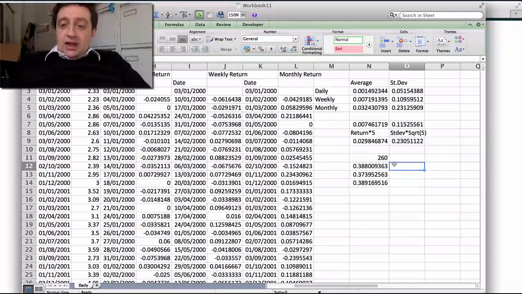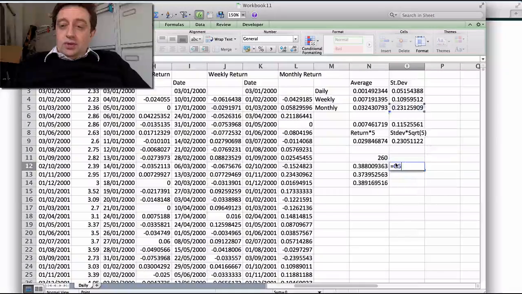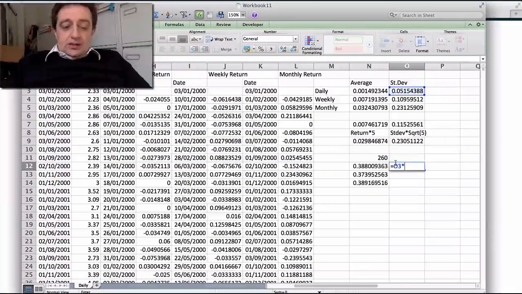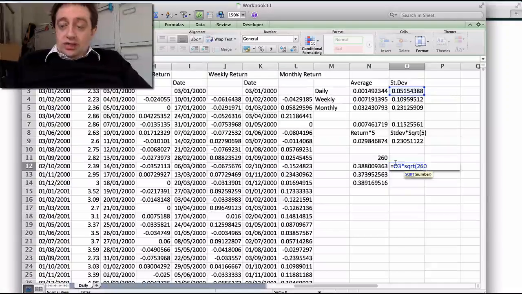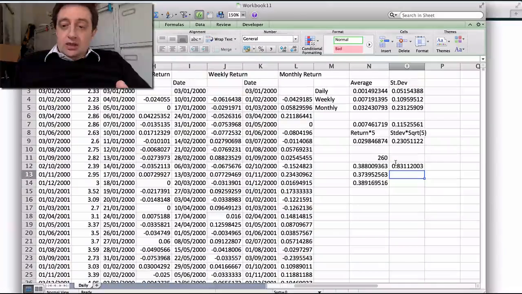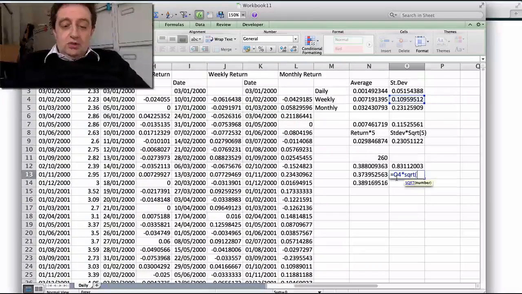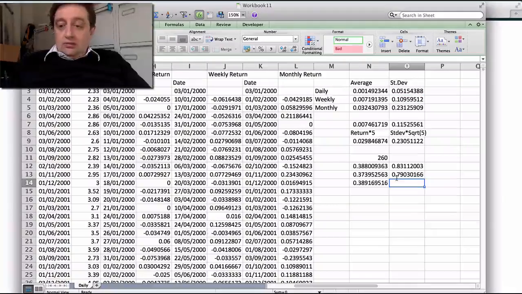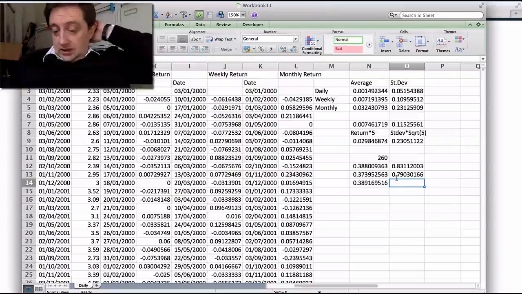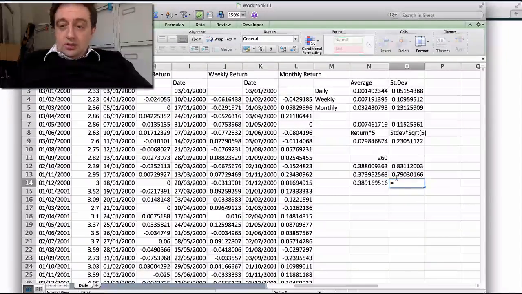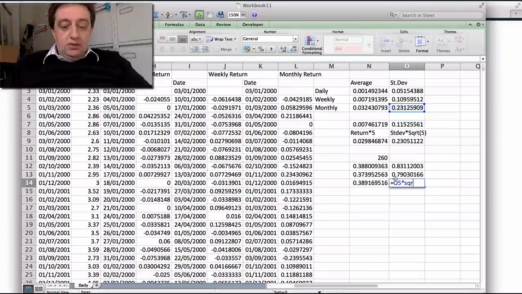Similarly, if we want to find the annualized standard deviation, we've got to multiply the daily by the square root of 260, because that's the number of days in the year, and we've got 83%. Let's do it for weekly. There are 52 weeks in the year, so it's 0.19 multiplied by the square root of 52, 0.79, and then we do it for the monthly, which is 0.23 multiplied by the square root of 12, 0.8.